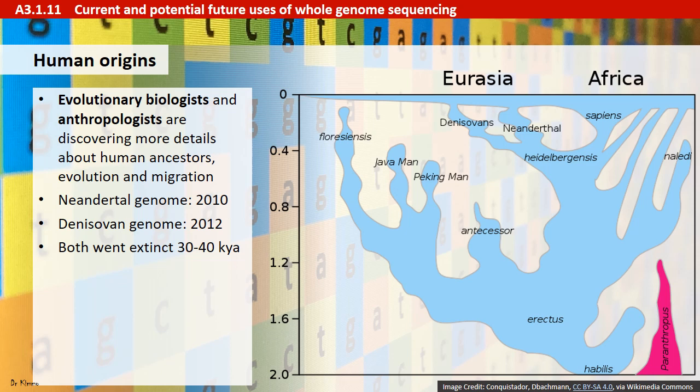However, based on whole genome sequencing, it seems that Europeans and Asians have 1.5 to 2% Neanderthal sequence in their genomes.